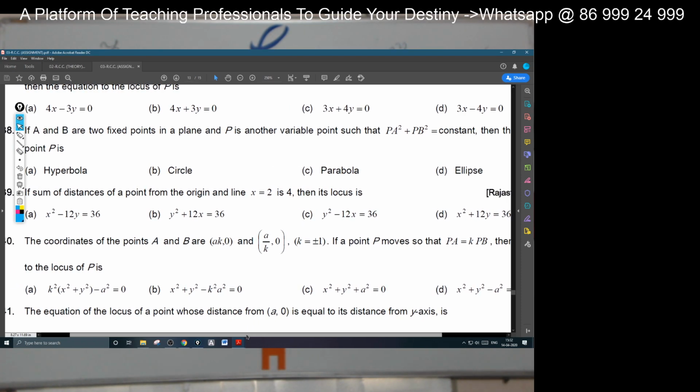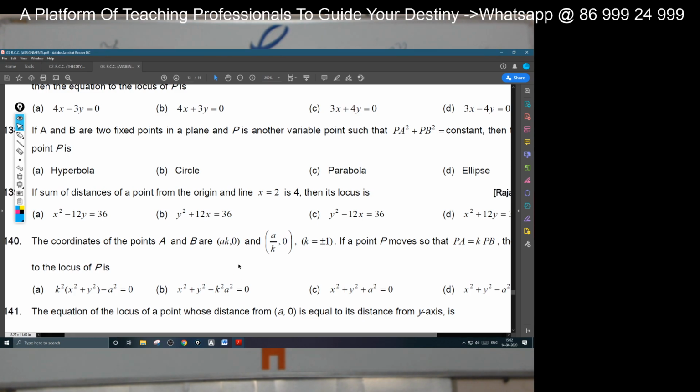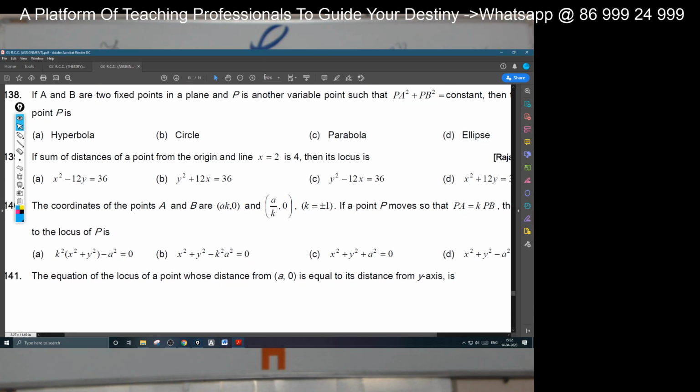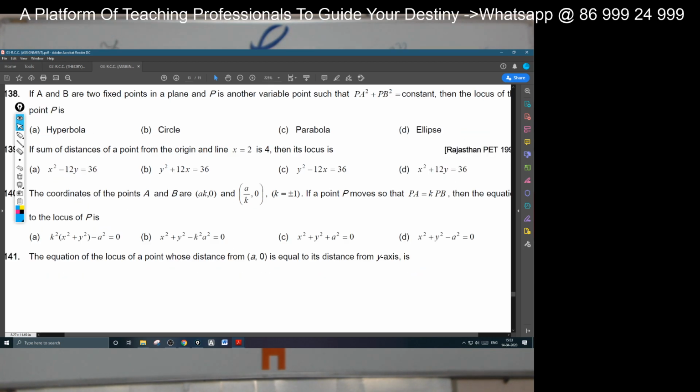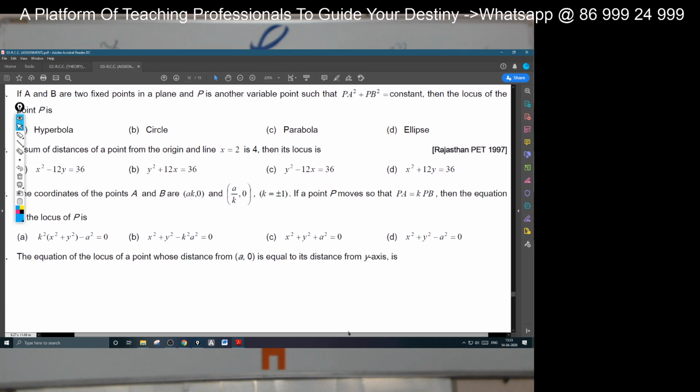The coordinates of the points. Question number 140, please. The coordinates of the points A and B are (ak, 0) and (a/k, 0).